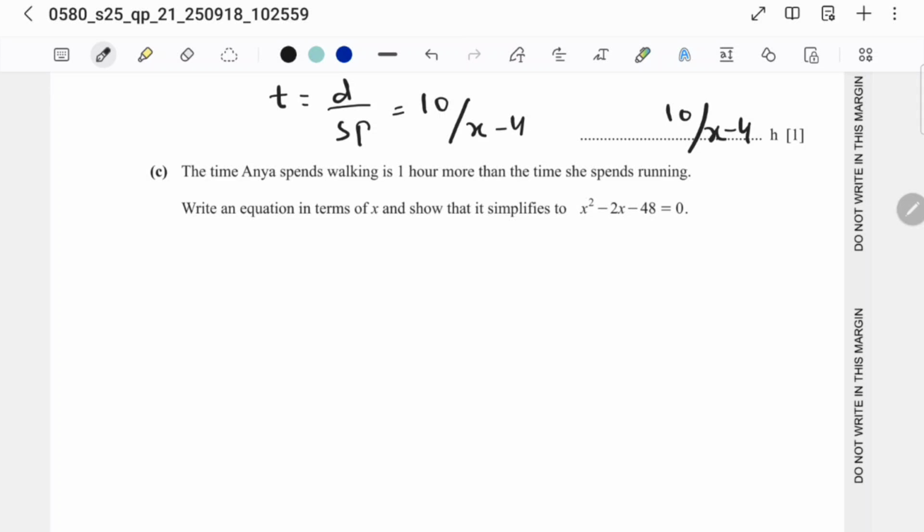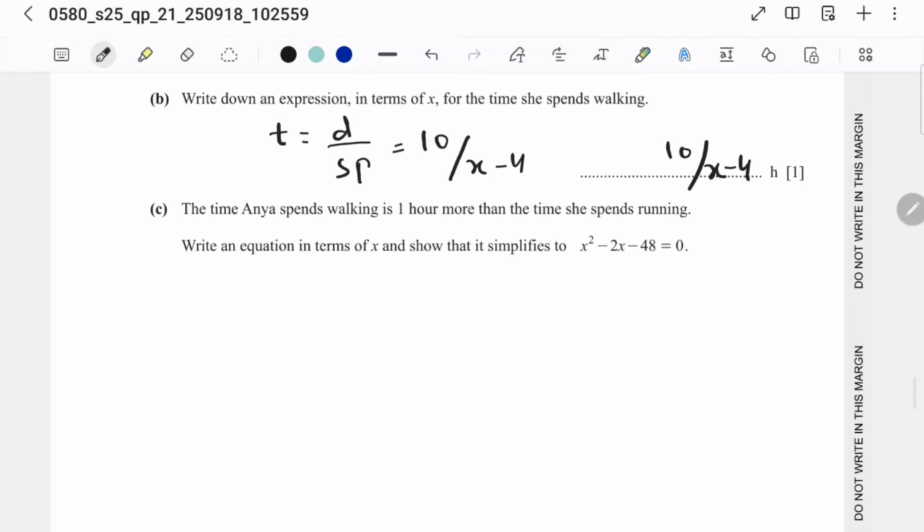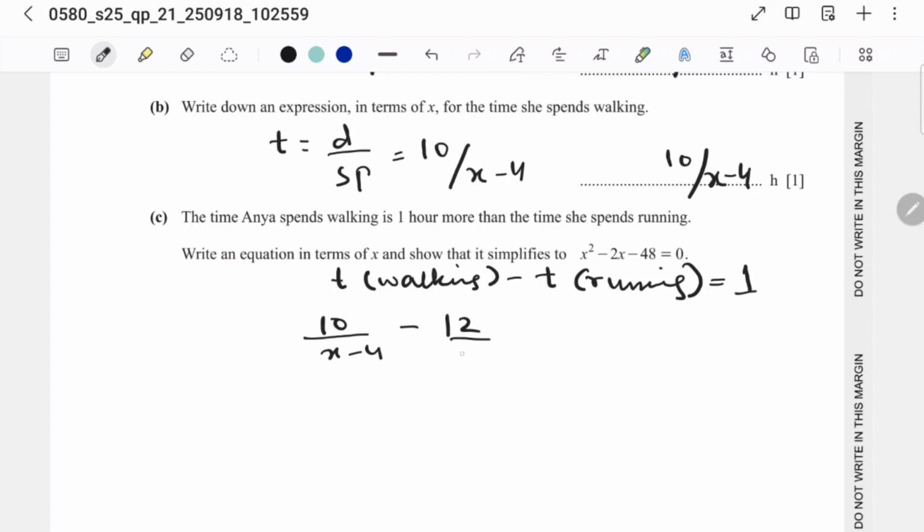Alright, the time Anya spent walking is 1 hour more. It means that walking is taking more time. So the time of walking minus the time of running is equal to 1 hour: 10 upon x minus 4 minus 12 upon x.